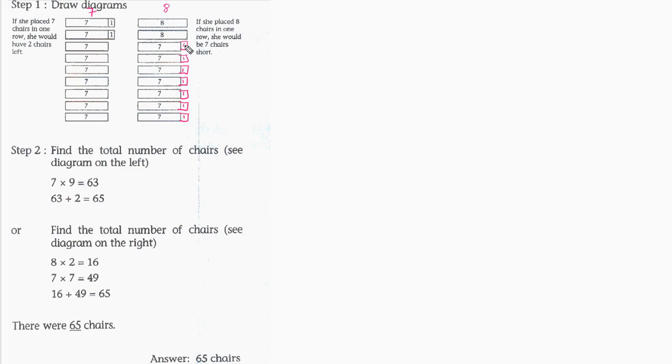If you distributed them across these rows, that is what would give you the 9 rows. Okay, so that's how you would know that you had 9 rows. And then you could just have a look at the calculation. You know that you're dealing with 9 times 8 take away 7, or 9 times 7 add the 2.